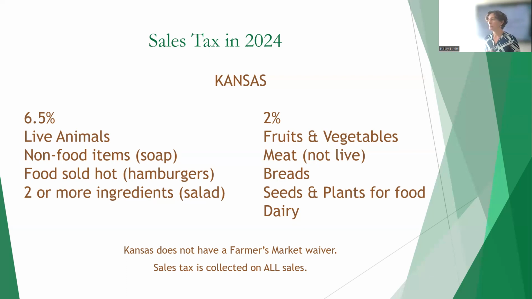So if you get sent something to file, that's not part of the 25 exemption? For example, my first market last year, at the end of the year, they sent me the tax from Missouri State, so I had to file.